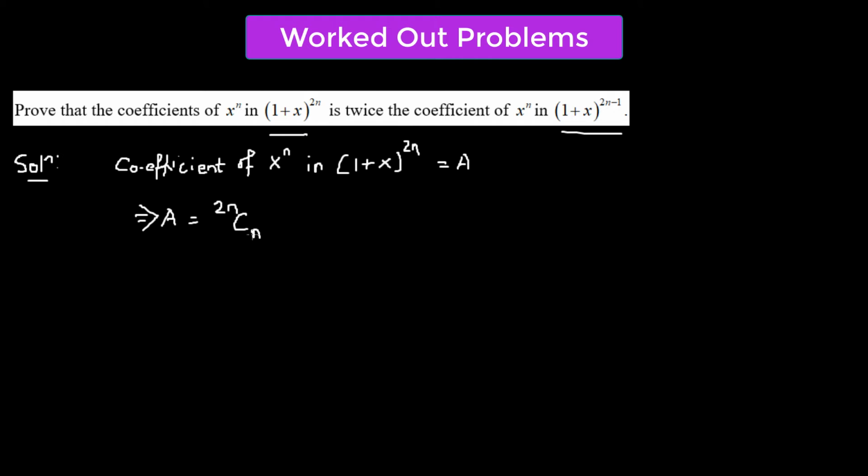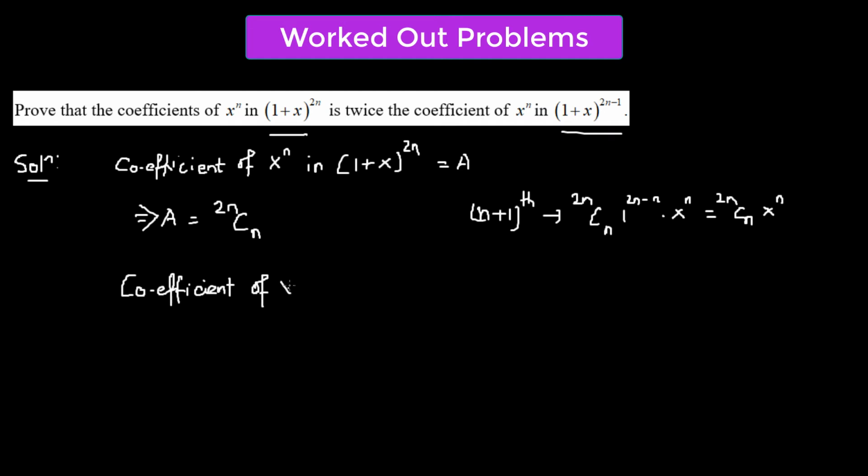Now you can verify it, because if we take the (n+1)th term, T(n+1), then we get 2n Cn times 1 raised to the power of 2n minus n times x raised to the power of n, which is 2n Cn x raised to the power of n, and the coefficient will be simply 2n Cn.